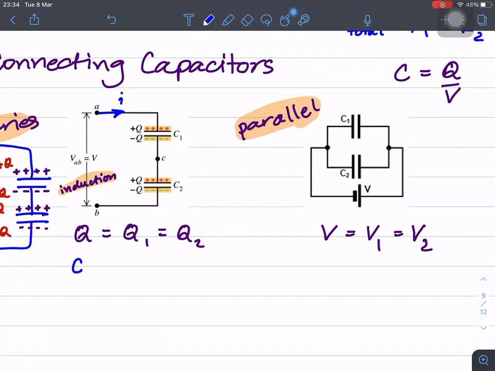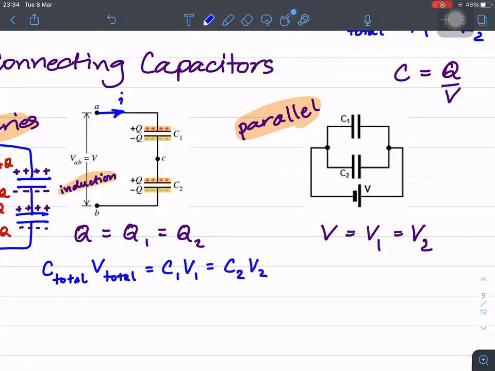So I have C total and V total, equal to C1 V1 and equal to C2 V2.